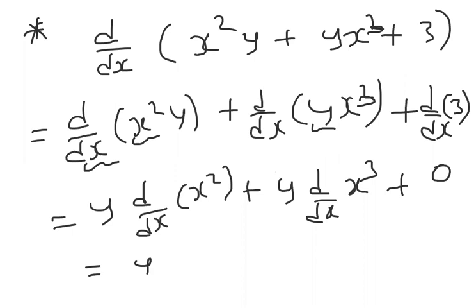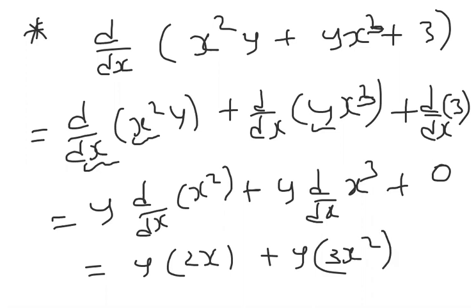So simply I can write y into d by dx of x square. d by dx of x square is 2x, and 3y d by dx of x cube means I can write it as 3x square. So this is the basic differentiation formula. Fine. I hope you are clear with this one.